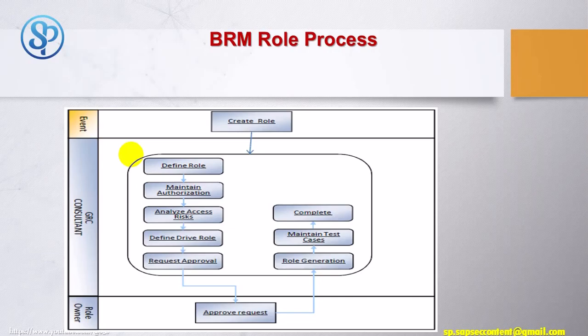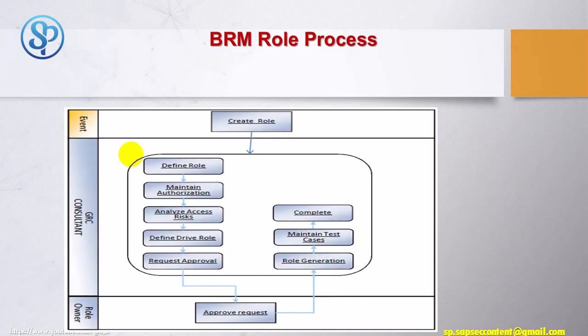In case this is a single role. In case of a derived role, then we'll define the derived role, maintain org values and everything. Then we'll request the approval, the role content owner or role designer approval.